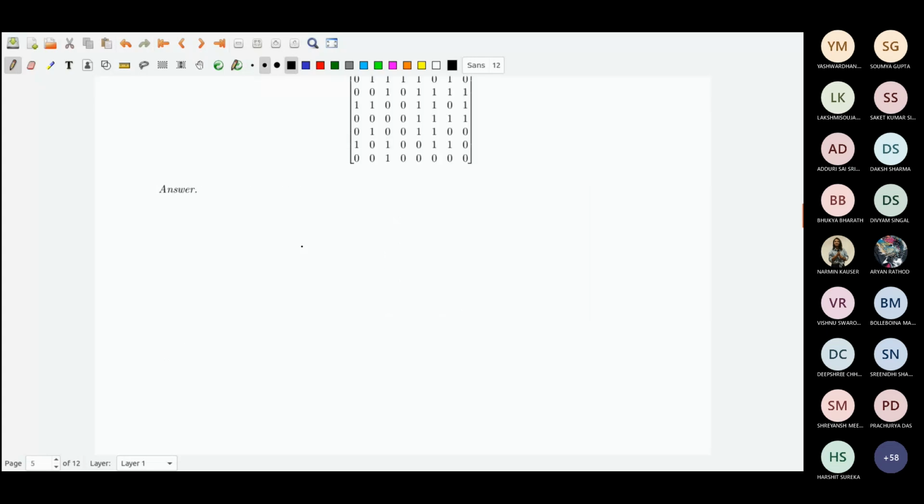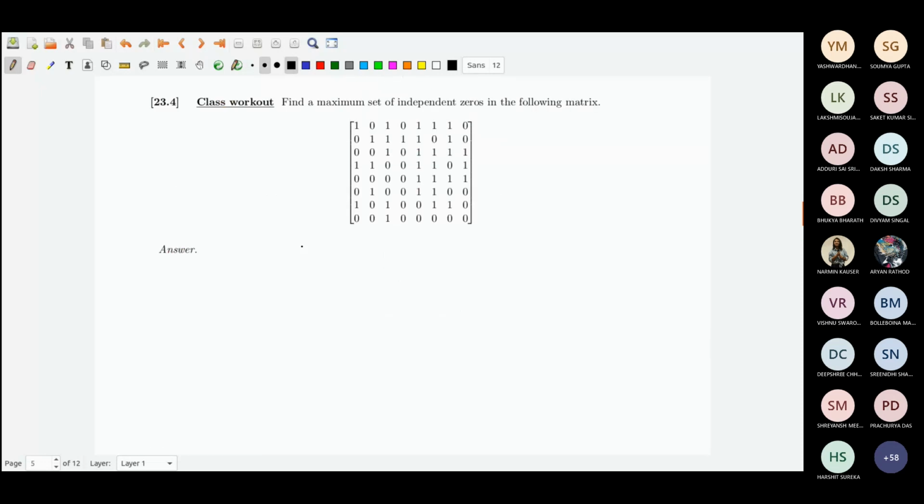No, I have not, but you can do it. I am only asking for the star prime. Find the maximum set of independent zeros. When I say you are following the star prime, there is no need to draw the graph. If I say draw the graph and show me the augmenting path, that is a different thing. Then you have to do that. But here it is just the star prime.